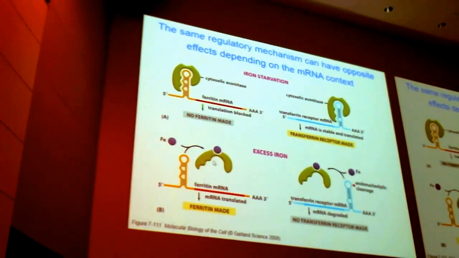The aconitase protein is kicked off, but the outcome is now the opposite. Now ferritin is made because you have a lot of iron. The intracellular protein that binds iron, which is ferritin, is getting made, but the transferrin, which brings in iron, is not getting made. Okay? So the same events can lead to different outcomes based on the context in which the regulation happens.